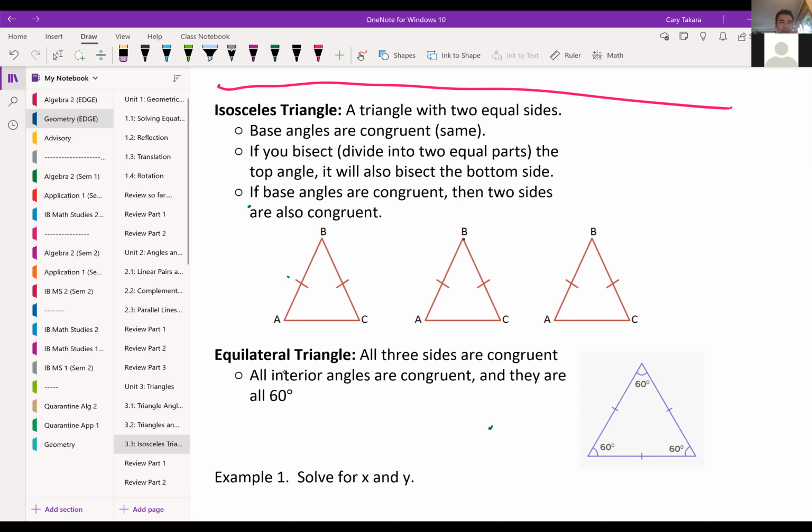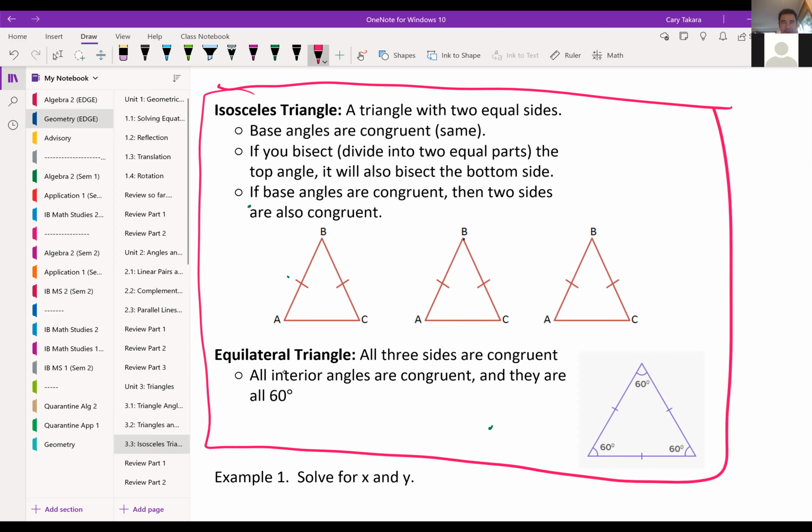First of all, I would like you to copy this down. It's a bit of writing to do, but I hope you don't mind. I think it's important that you write this down. First of all, an isosceles triangle is a triangle with two equal sides. If two sides of a triangle are equal, then it's called an isosceles triangle.